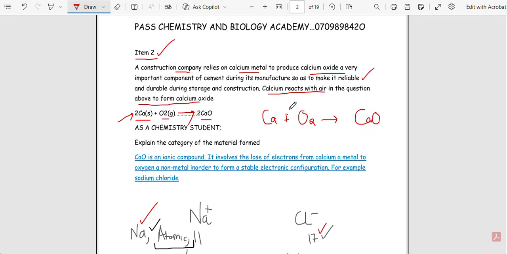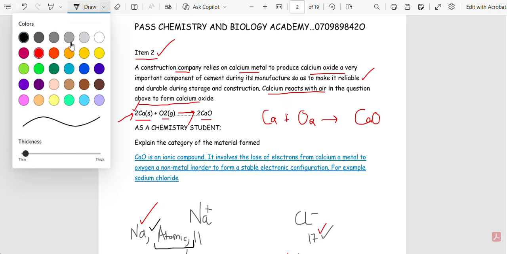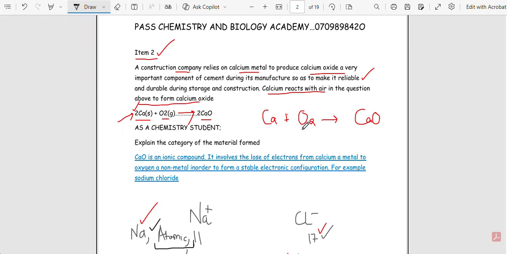I'm seeing 2 here, also here 2. Let me show you. When you have calcium, I'm not going to write the state symbols, plus oxygen, it gives us calcium oxide. This is what we first have in the first place. But the two that you're seeing here come as a result of balancing the equation.